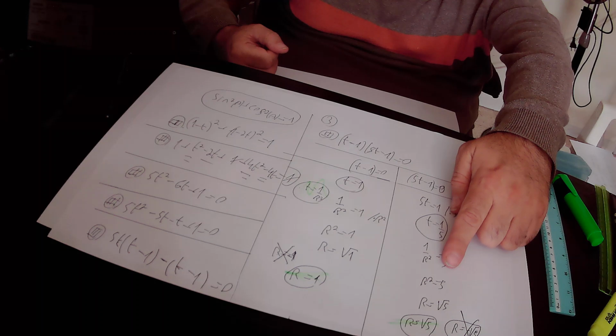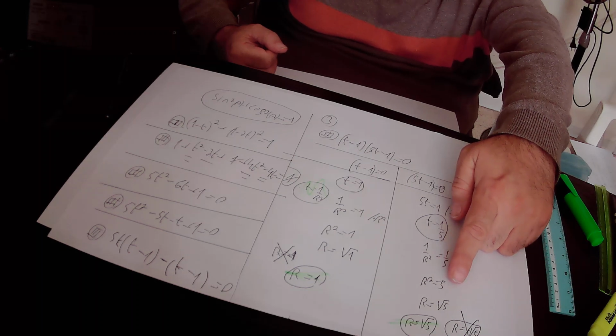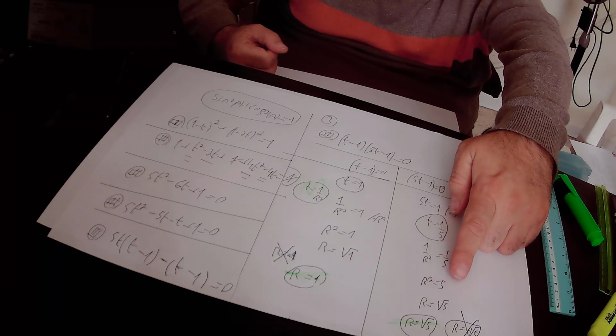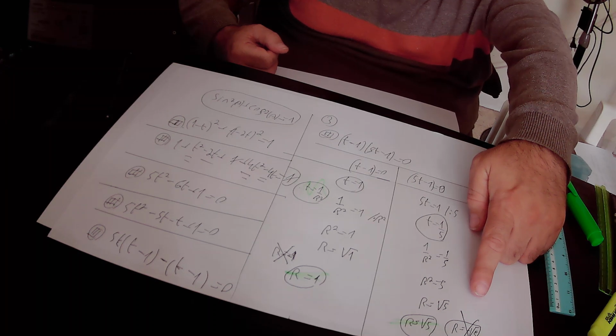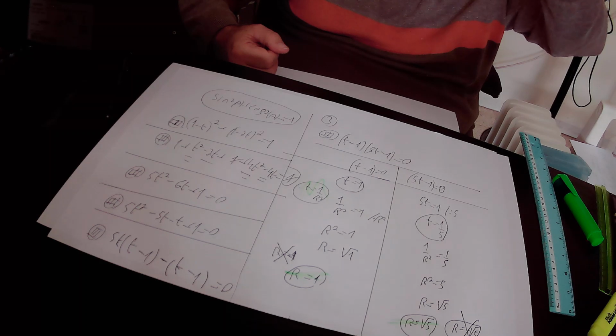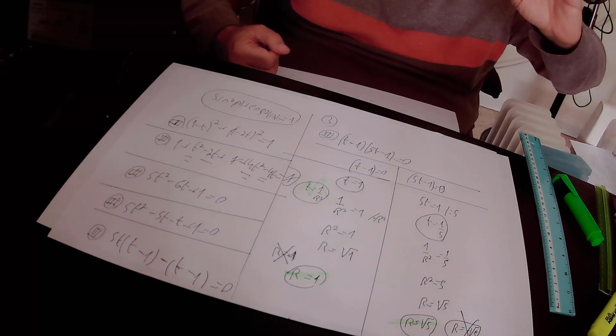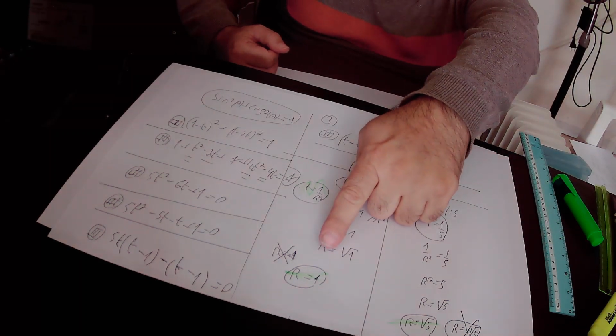If r squared equals 5, r could be equal to either the positive or the negative square root of 5. But the solution that r equals the negative square root of 5 is not correct because r is a length and length must be a positive number, so we cancel that solution and we are left only with the solution that r equals the positive square root of 5.